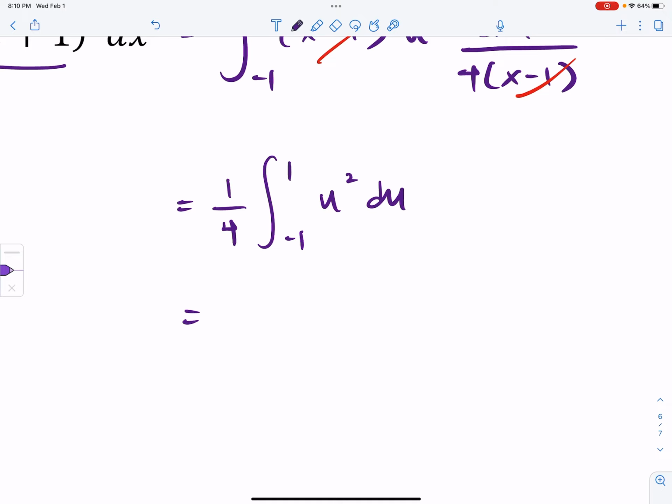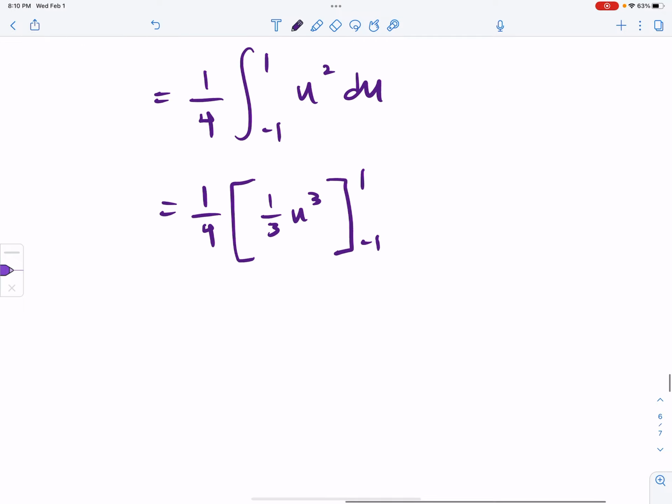Because when you think about integrating, if you do it this way, you would leave the 1/4 out, and then you would think about integrating just u squared. So it would be 1/3 u cubed, and you would leave 1/4 factored out times f of b minus f of a when you apply the fundamental theorem of calculus.